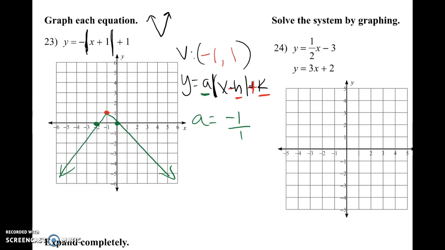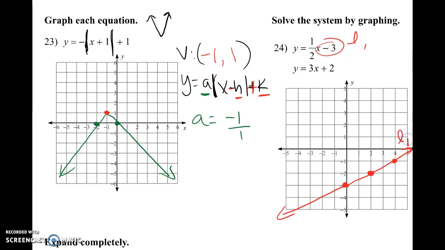24 says graph the system to solve, or solve the system by graphing. So starting at -3, I'm going to go up 1 and over 2 for my slope. I like to repeat my slope at least twice to try to get a more accurate line. And that's for line 1.